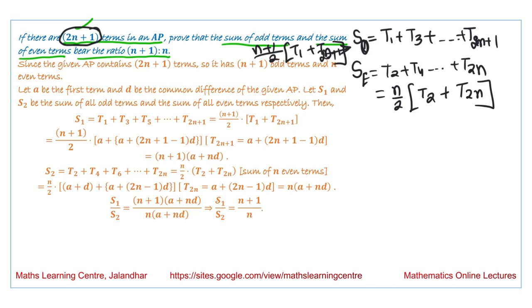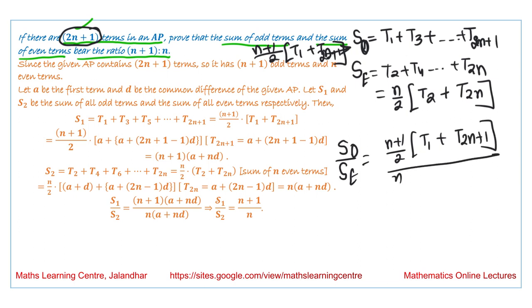So we are talking about the value S odd over S even. That is n plus 1 by 2 into T1 plus T2n plus 1 divided by n by 2 into T2 plus T2n. So the answer we obtain is n plus 1 by n into, what is T1?